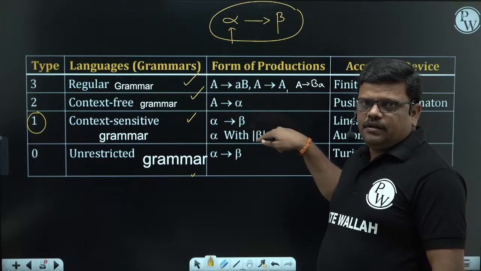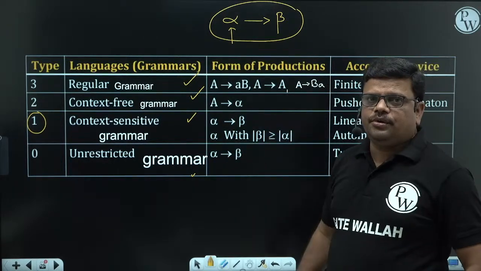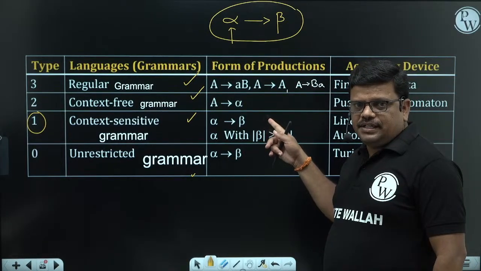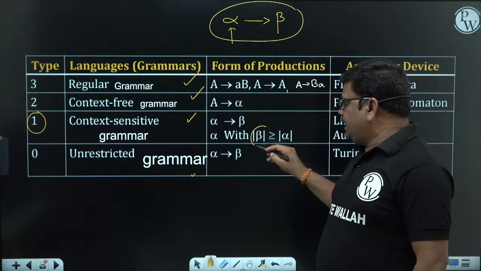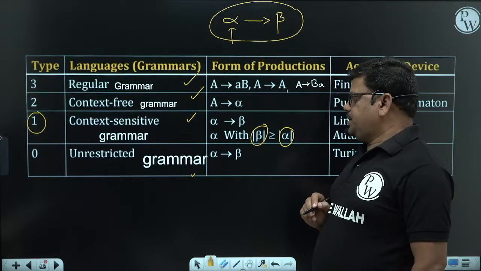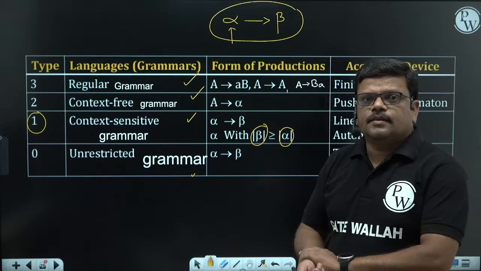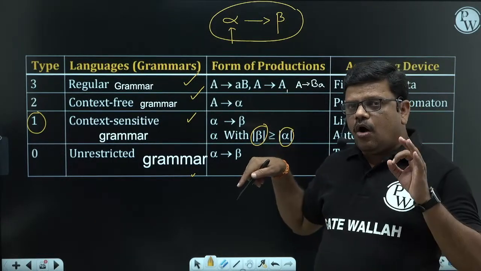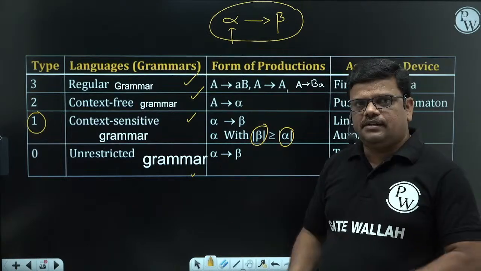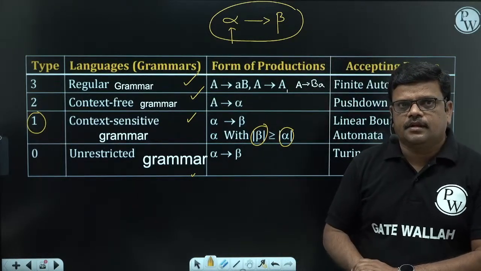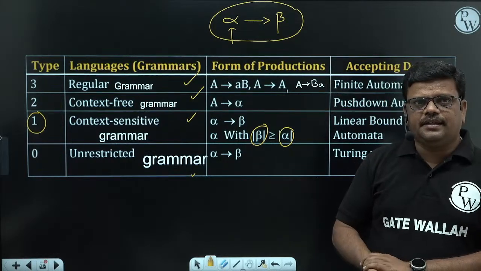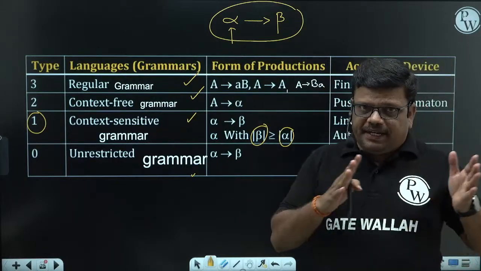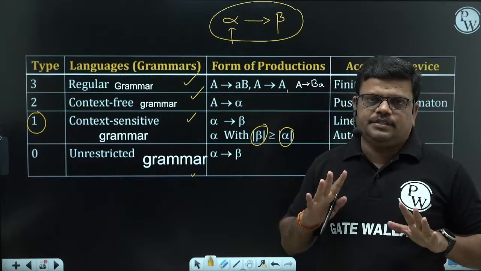Left hand side alpha, right hand side beta, with any number of non-terminals and terminals allowed on both sides. But the condition here is that the length of the right hand side is always greater than or equal to the length of the left hand side. It should not be lesser than the left side.